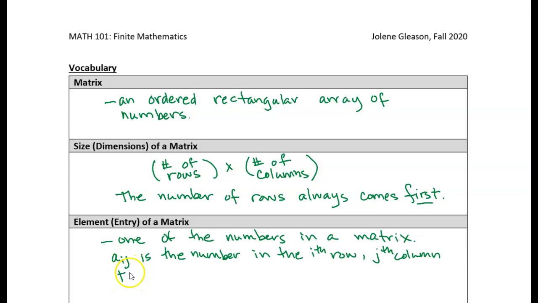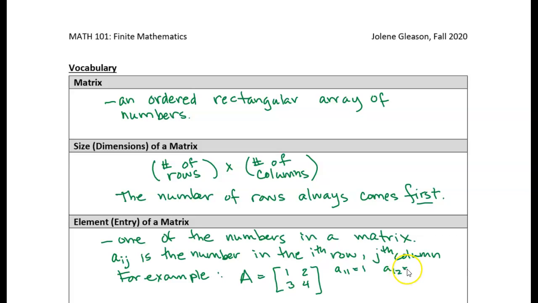So for example, let's look at that, because this is kind of abstract the way I have it written here. Let's say we have a matrix A. We're going to call this matrix capital A. Usually matrices are named with capital letters. And let's just say the elements are 1, 2, 3, and 4. Okay. So then A11 is the element in the first row, first column. So that's going to be 1.